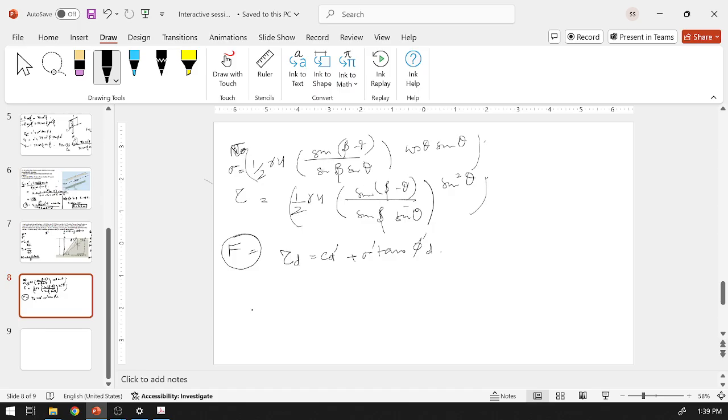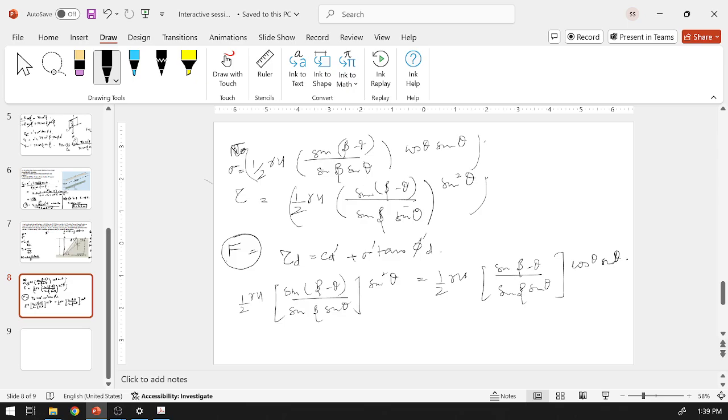If we take factor of safety equal to 1, for example, we will have half of gamma h sine of beta minus theta over sine of beta sine of theta sine square theta equals half of gamma h sine of beta minus theta over sine of beta sine of theta cos theta sine theta tan phi plus C_D. Okay, C_D plus sigma tan phi.